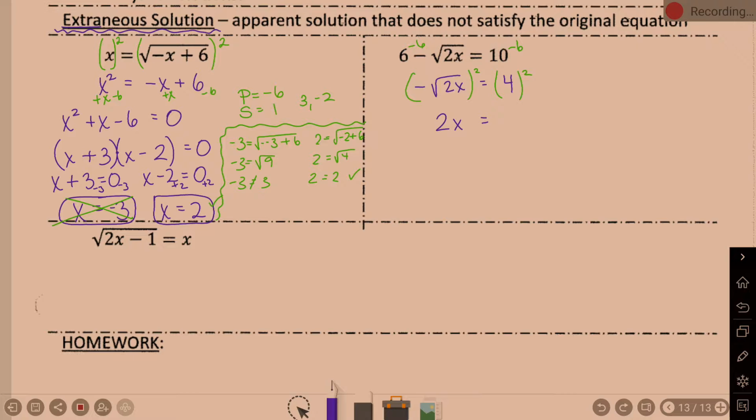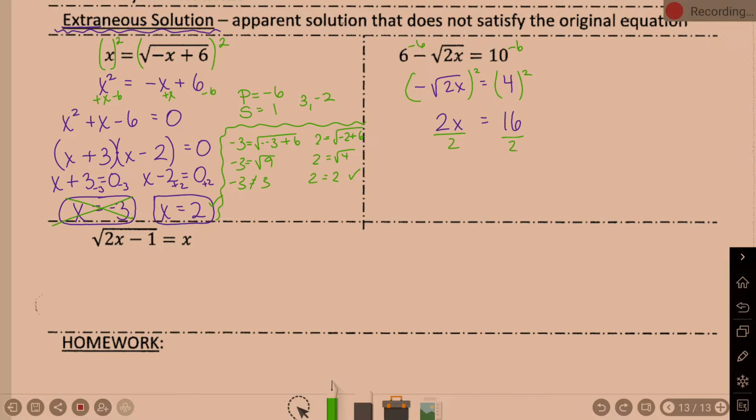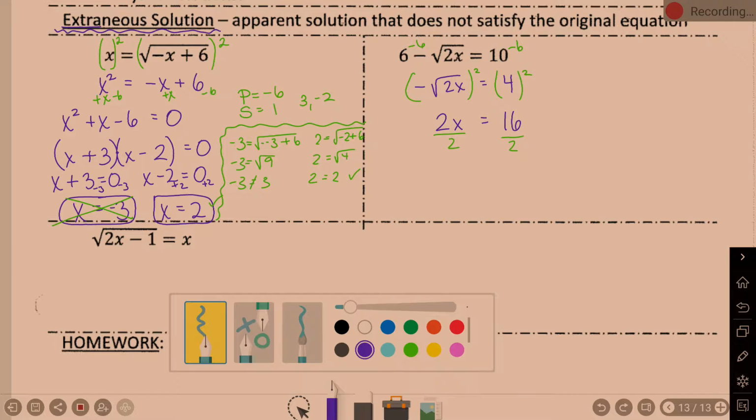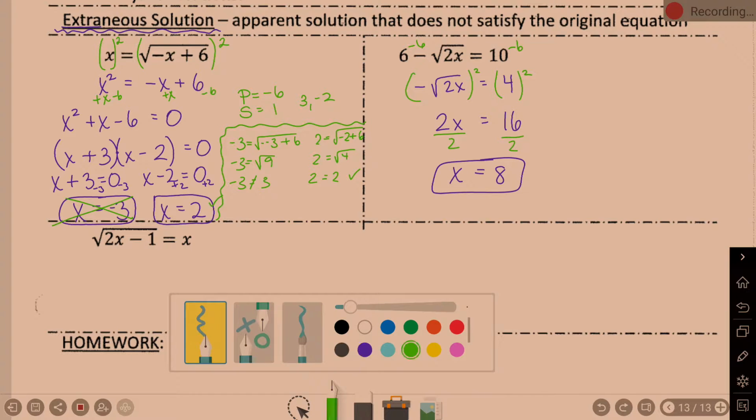And then 4 squared on this side is 16. If 2x equals 16, divide by 2. x equals 8. What's the final step?